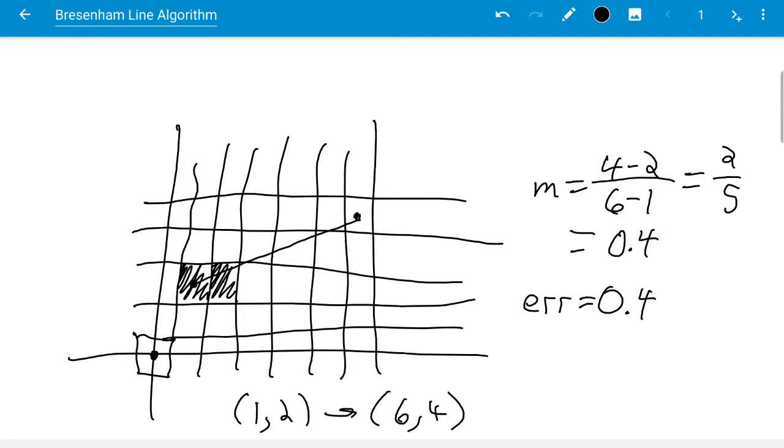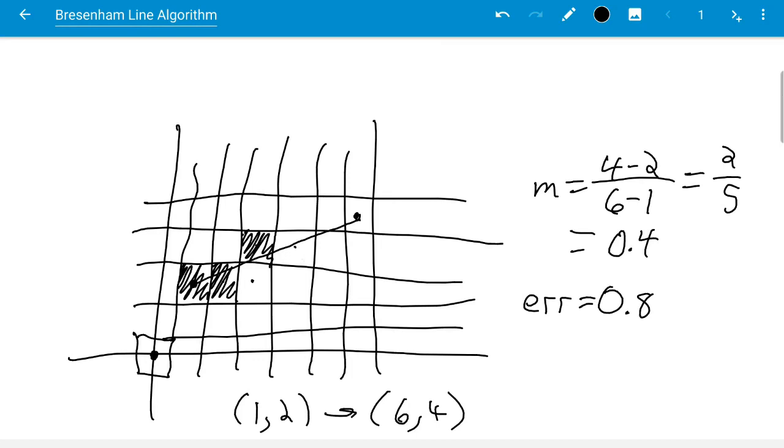Okay, now I go to the next one, next x value. I add my slope into my error again. So this is 0.8 now. And this is now over my threshold of 0.5. So I know I need to add 1 to my y coordinate, and that is my final pixel. All right, keep going.